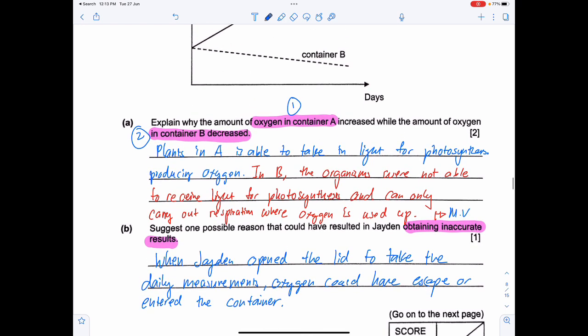Now, for this particular question, if you put here the number or type of organisms could have been different, I gave you correct, because that was what was accepted. However, I want to stress that if you say different types of organisms or different number of organisms, ask yourself this question: are you talking about accuracy or are you talking about fair test?